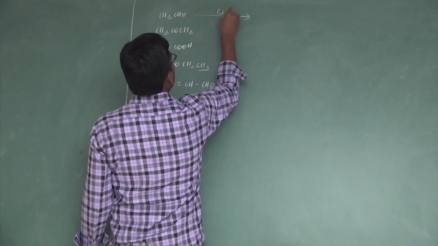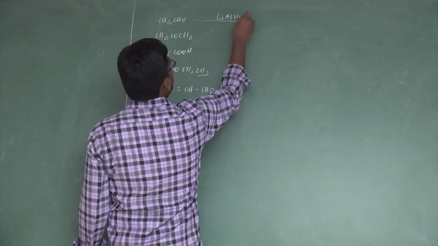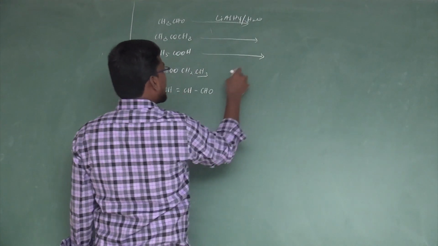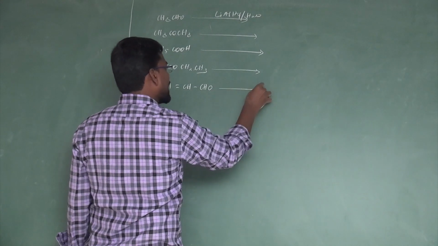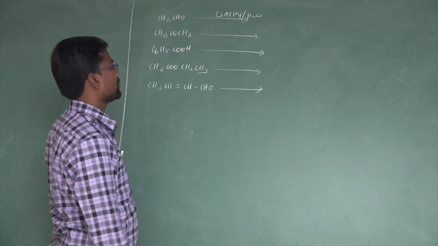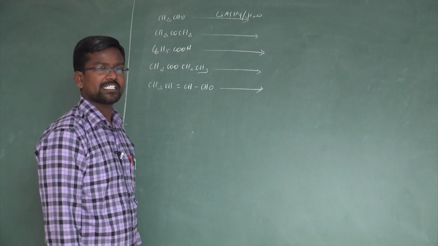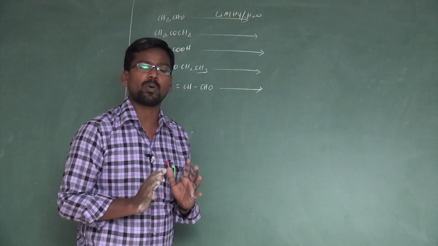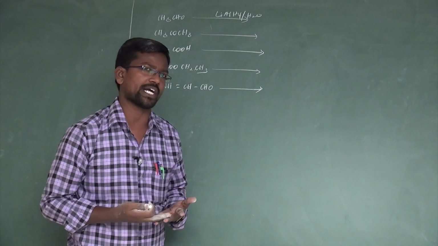Lithium aluminium hydride in water. Lithium aluminium hydride is a specific reagent. It is used to reduce the C double bond O group, which can be converted to CHOH.